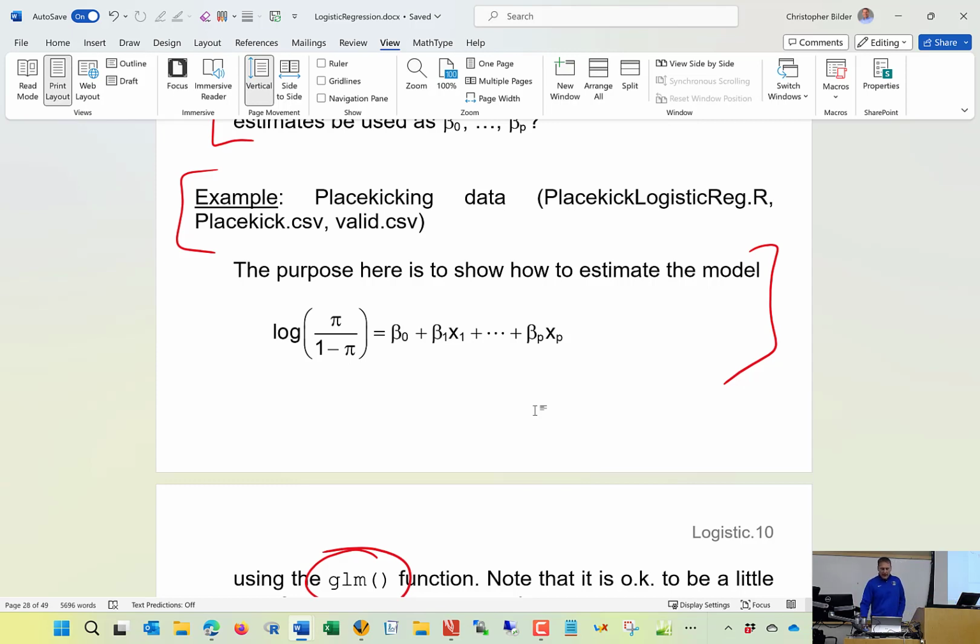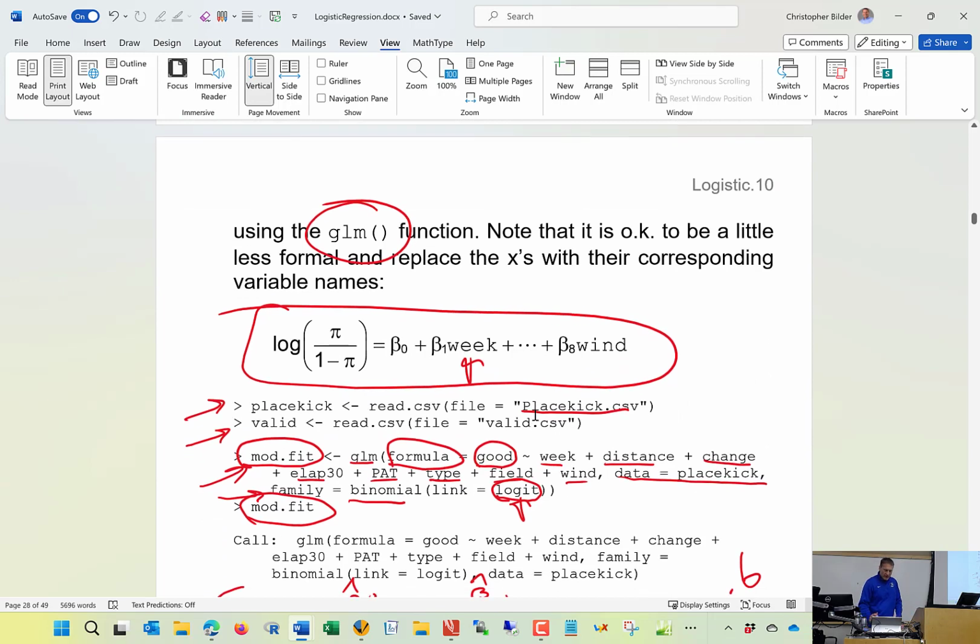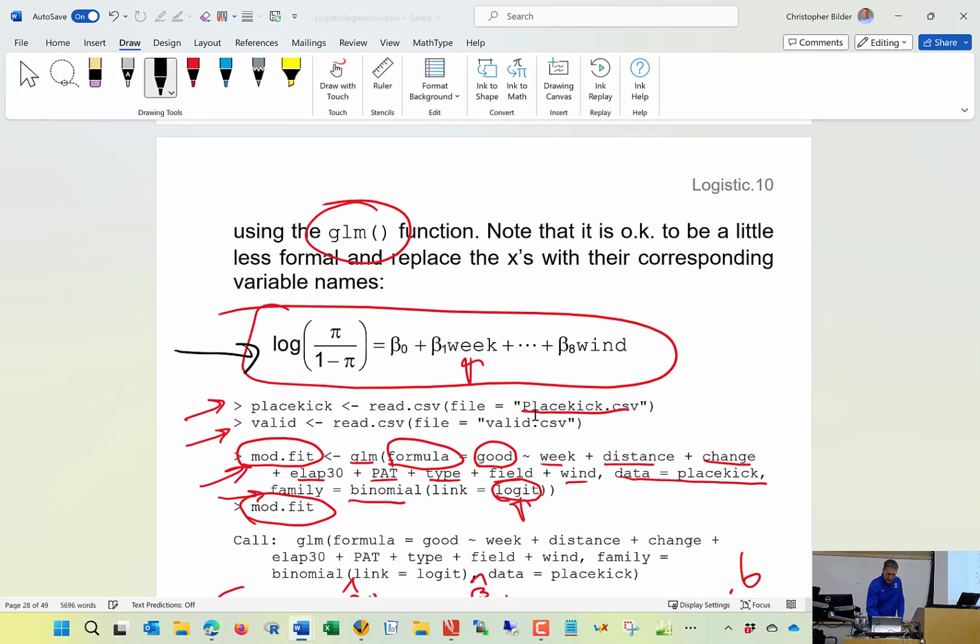And so if you remember, this is the model that we're actually interested in here. So the log of the odds of success is equal to this linear combination of the betas with the independent variables. So we have week, we have distance, we have wind, and so on.